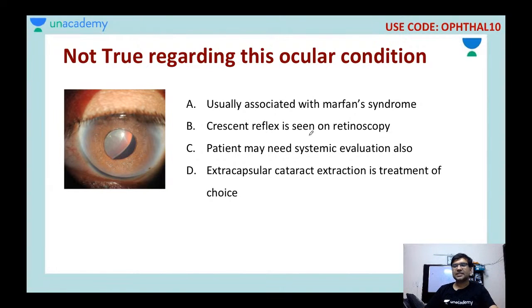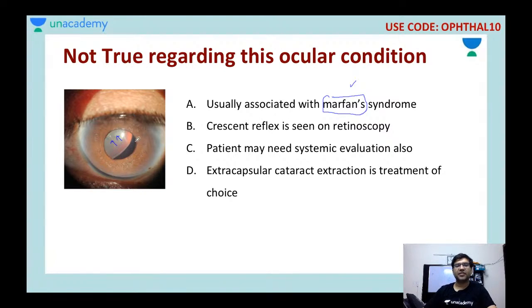So we all know this is a patient who is suffering from ectopia lentis. I told you that this is the superior temporal subluxation, and the superior temporal subluxation is seen with Marfan syndrome. So this is the correct option. If you can see these two reflexes, this is the phakic reflex and this is the black shadow which is coming from the aphakic area.